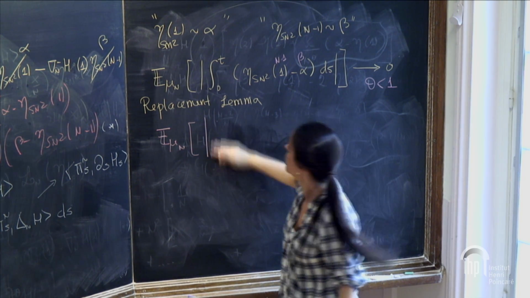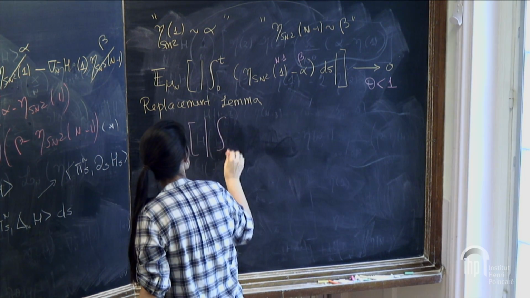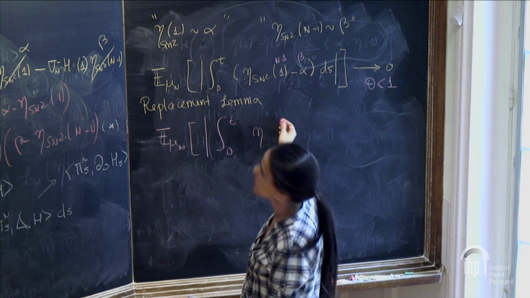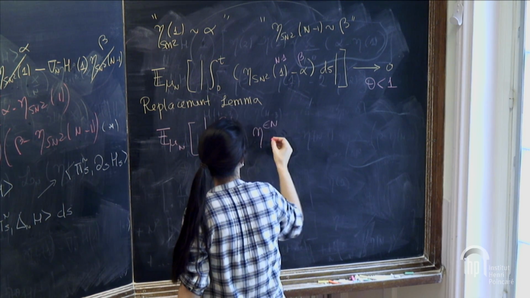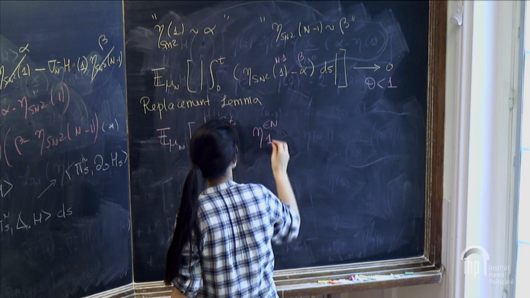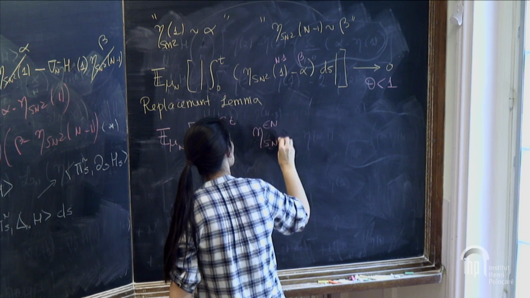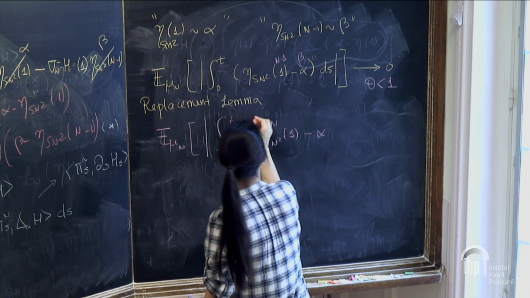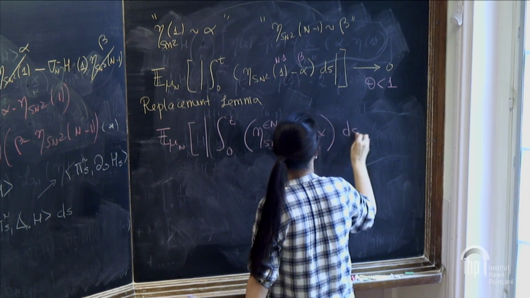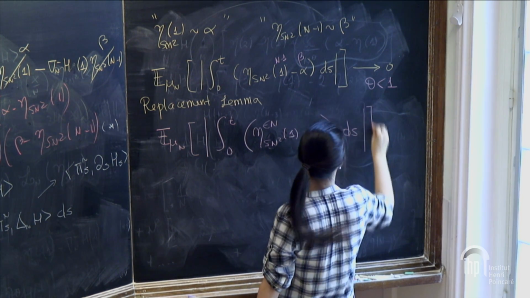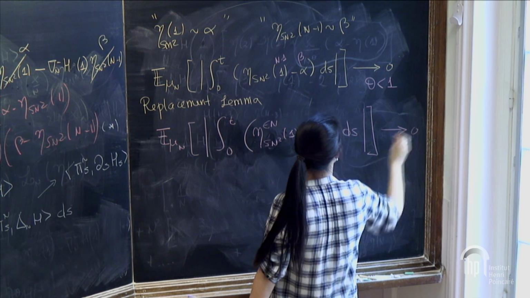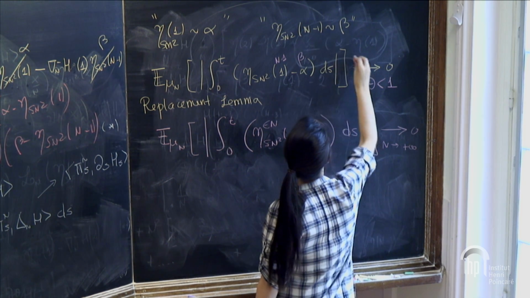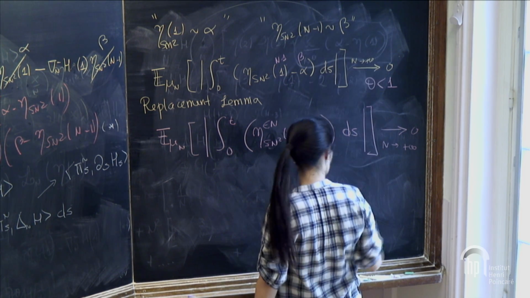No? So we say that the integral from 0 to t, I'm going to say what is this notation because I think it didn't appear yet. So 1, or maybe Sn squared. So this is what we have to show. Yeah, this is the limit when n goes to infinity.